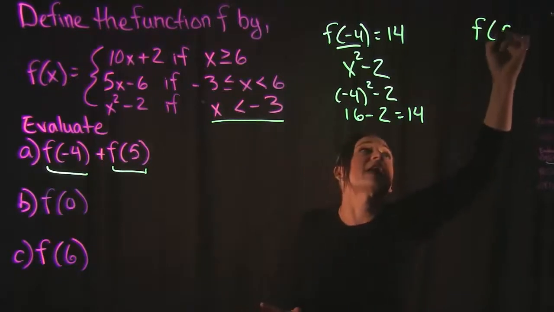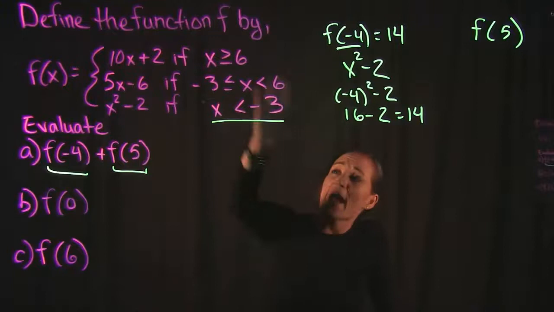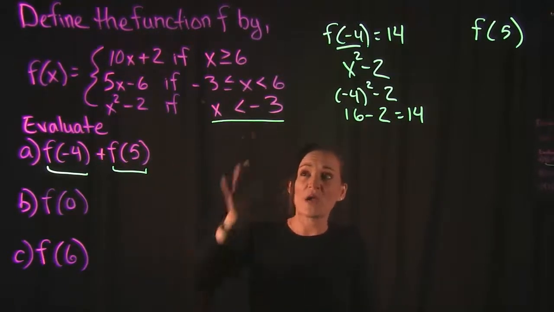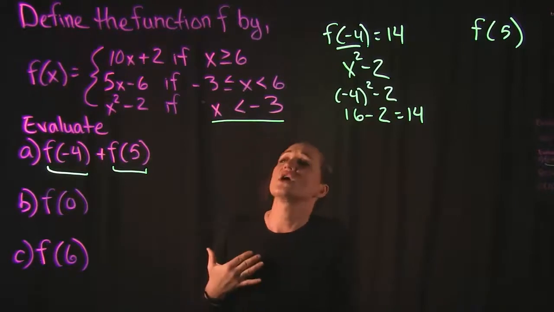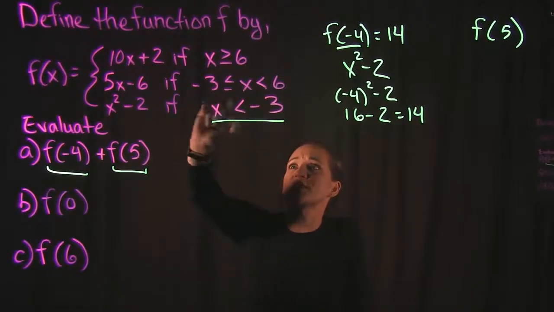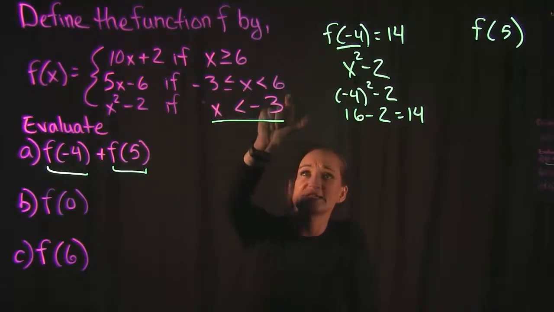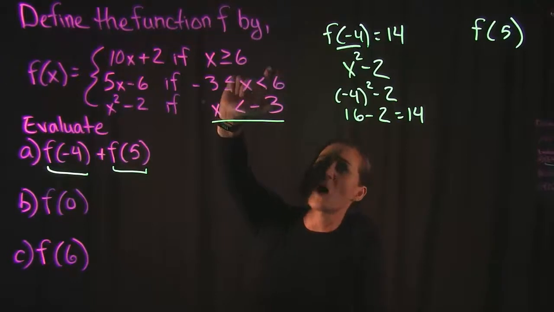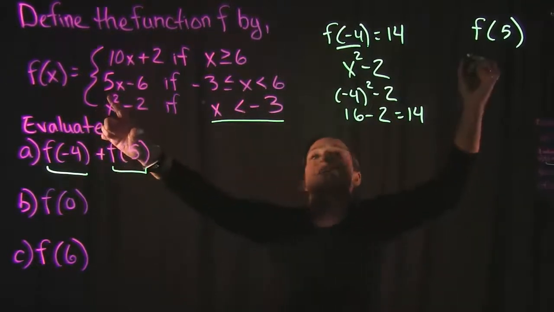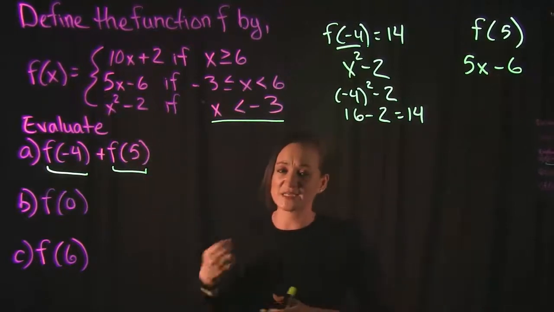Now we need to find f of 5. Again, we need to go back to our intervals and figure out where 5 fits in so we know the appropriate function to use. So 5 falls within this middle one here. 5 is between negative 3 and 6, because 5 is bigger than negative 3 and it's smaller than 6. So for f of 5, we're going to be using 5x minus 6.